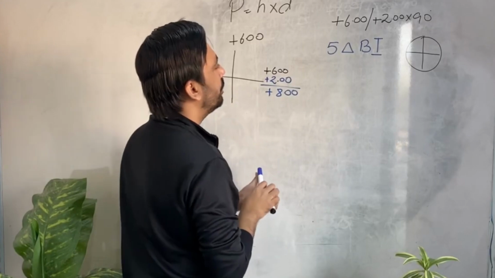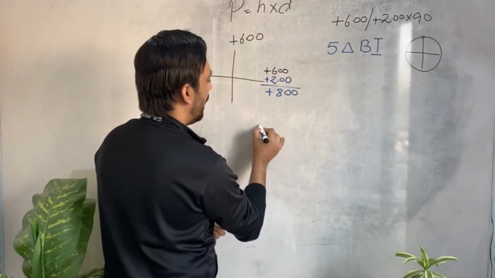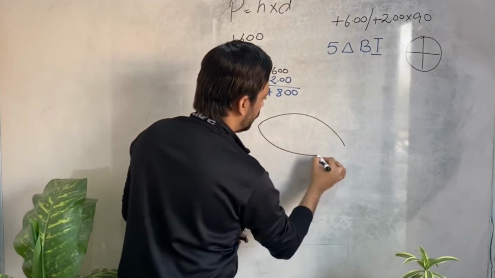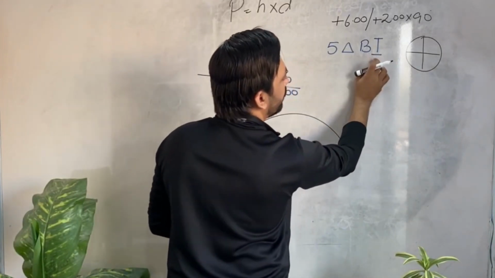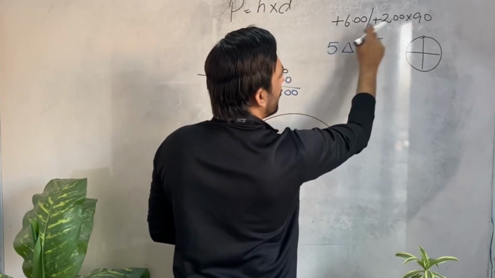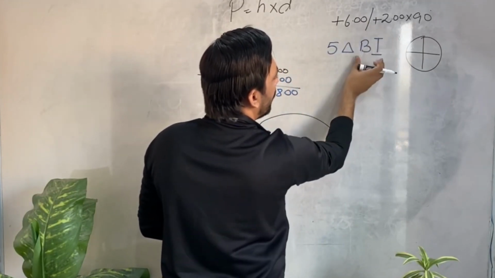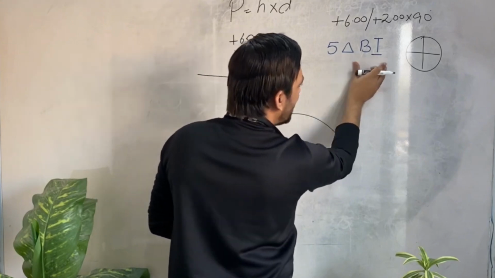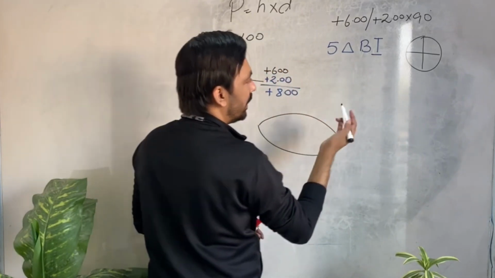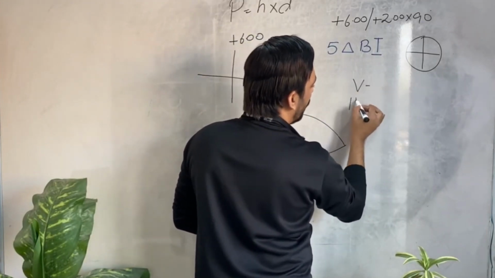Now, for example, this is the eye, and you have to prescribe base in. Decenter this lens in such a way that it will give you the base in effect. Remember that there are two different types of deviations, vertical deviations and horizontal deviations.